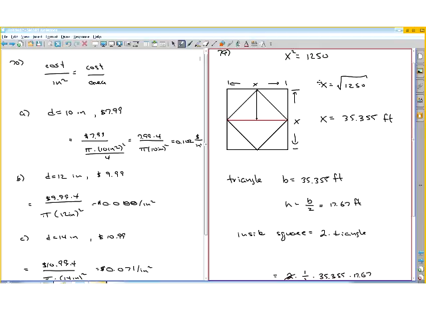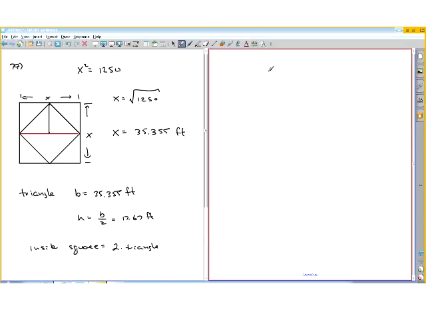We could have done it symbolically, so let's just do that. So x squared is equal to a. So x is equal to the square root of a. So that's x. And then we could say the base is equal to the square root of a, and the height is equal to 1/2 the square root of a.